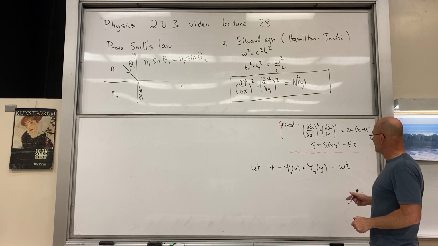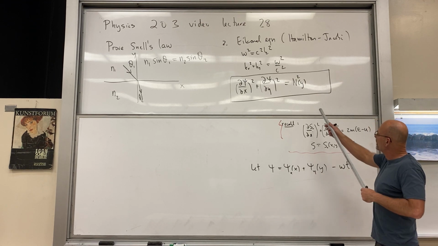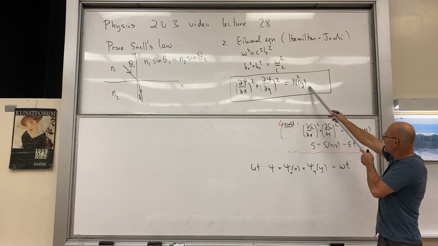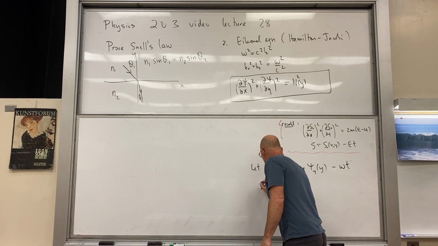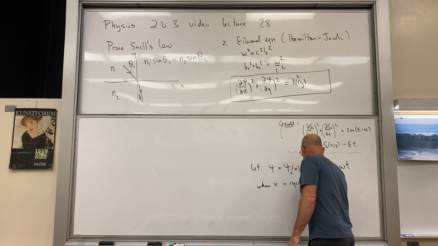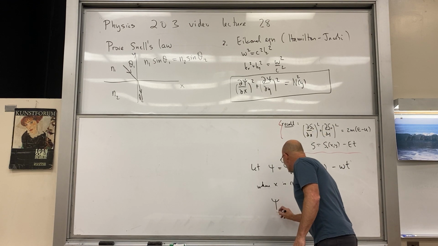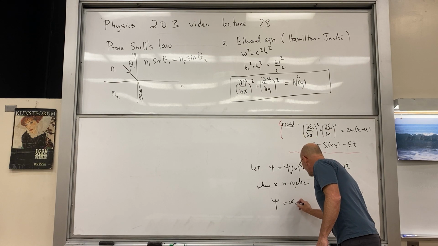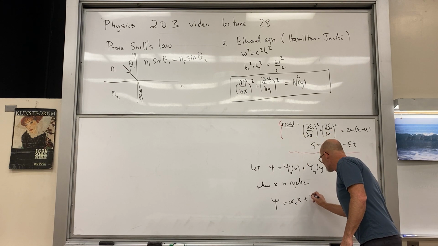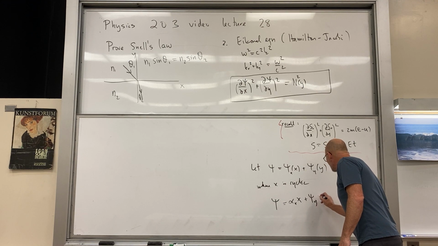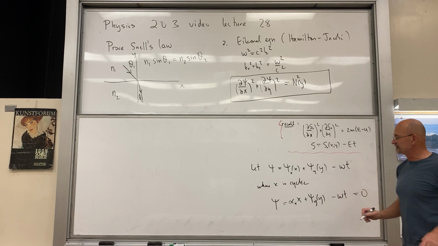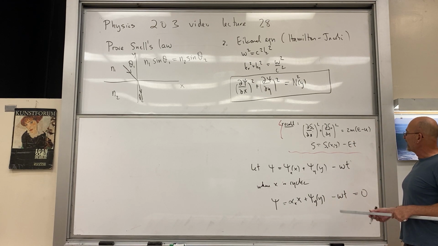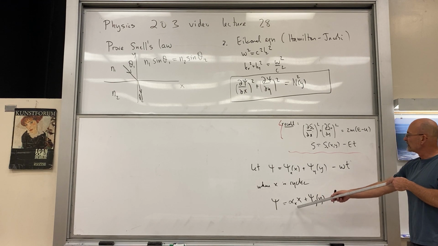And because n squared of y, because x is a cyclic coordinate, we go in with c equal to alpha_x times x plus c_y of y minus omega t. Okay, good. So this is our ansatz, our trial solution.